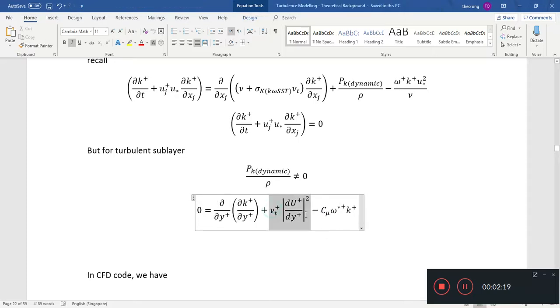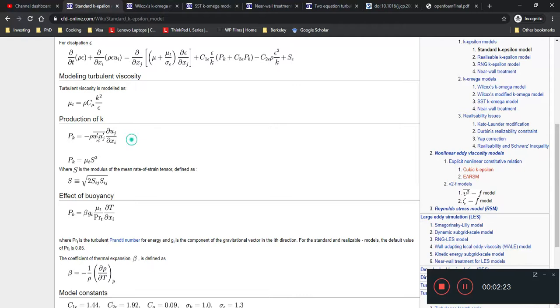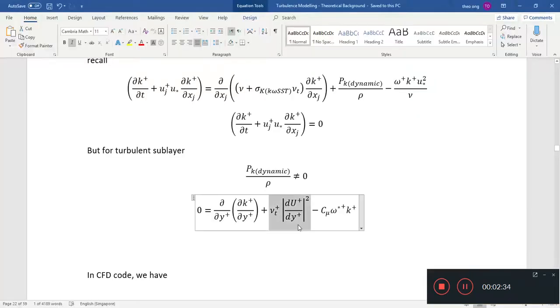Now where did this term come from? This is the production term. So if you remember from your k epsilon model, the production term is this. It is the negative of this Reynolds stress term and the velocity gradient of the average velocity.